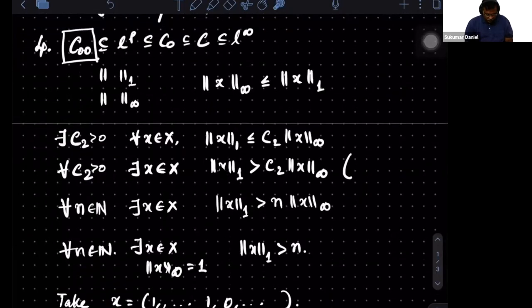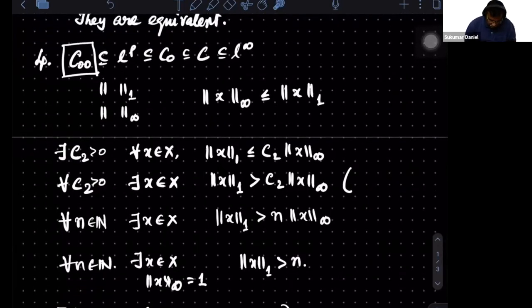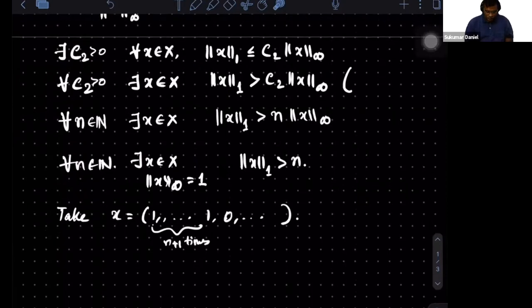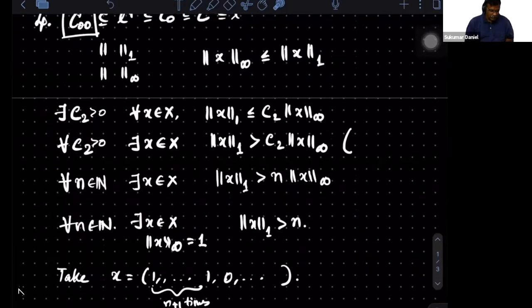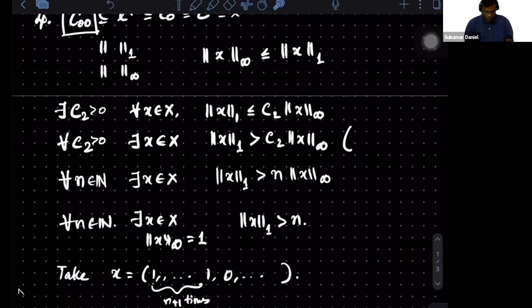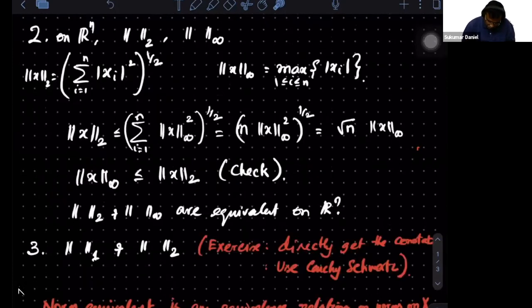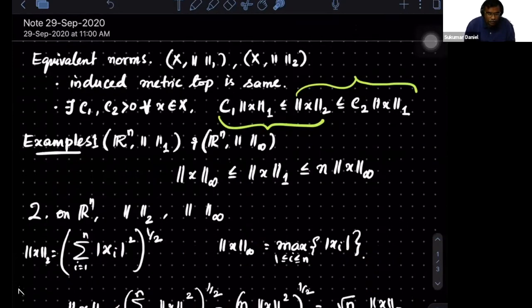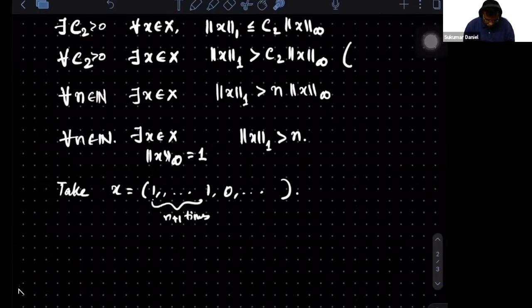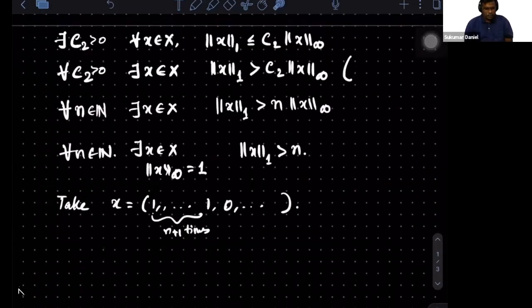In fact, what we get is that there are two parts of the inequality, as I have put here, these two brackets. One part we are getting and another part we are not getting. But unless we get both parts, it's not equivalent. So these two norms are not equivalent.